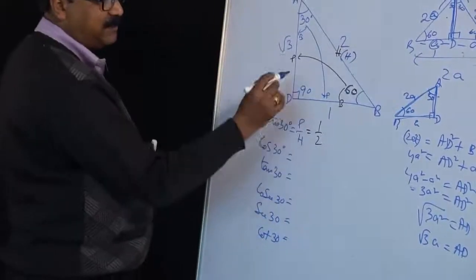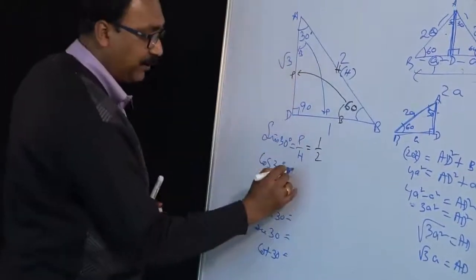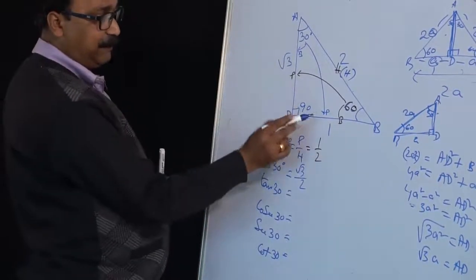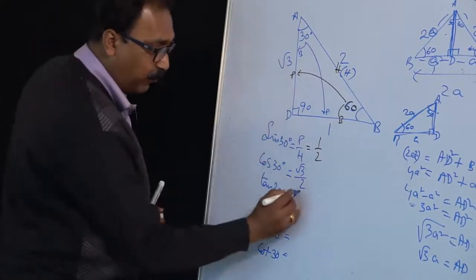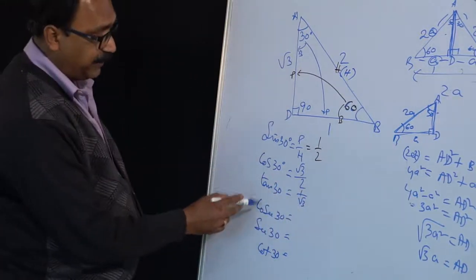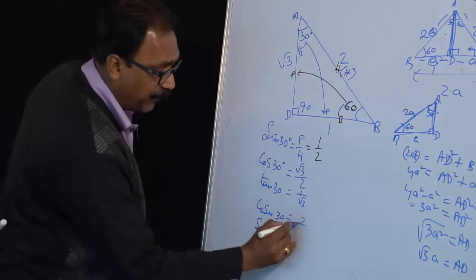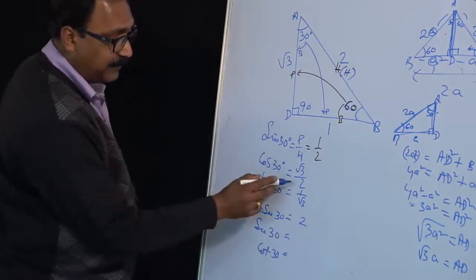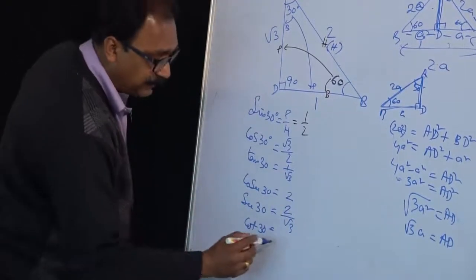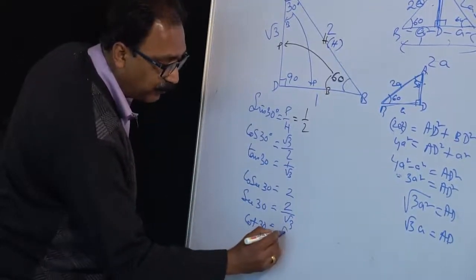So cos 30 is base by hypotenuse, and this base is root 3 by 2. Tan 30 is P by B, 1 by root 3. And you know they are all reciprocals. Cosec is the reciprocal of sine, so it becomes 2 by 1, which is 2. Sec 30 is 2 by root 3. And cot 30 is root 3 by 1, root 3.